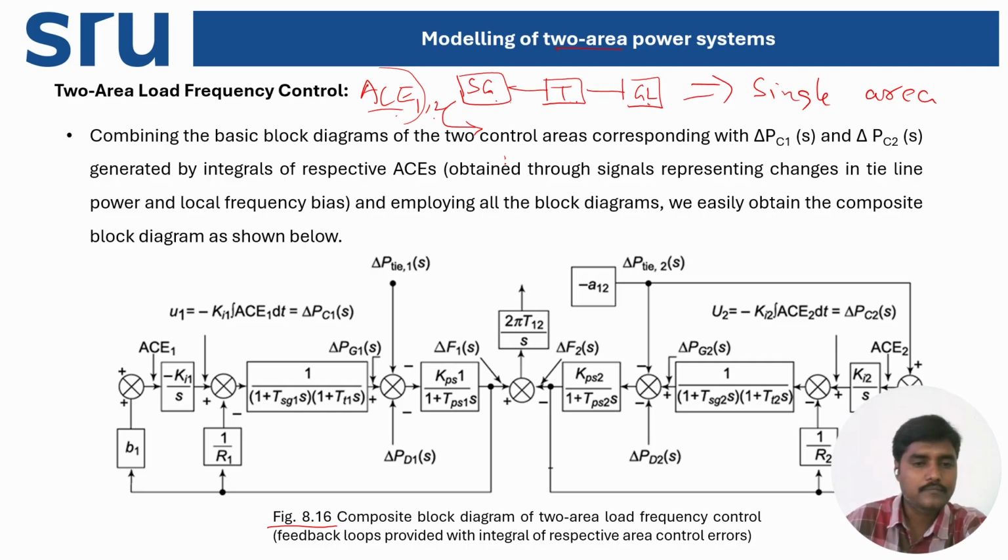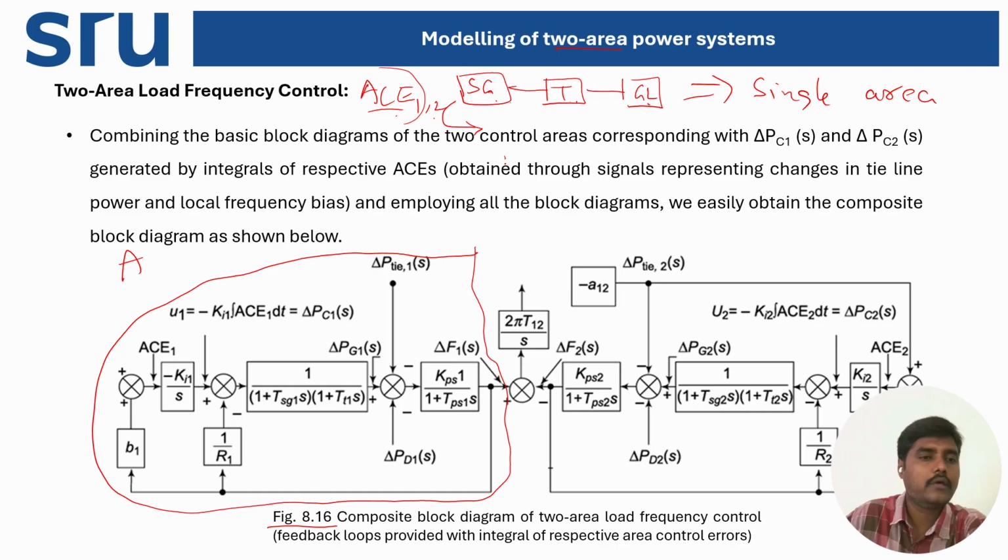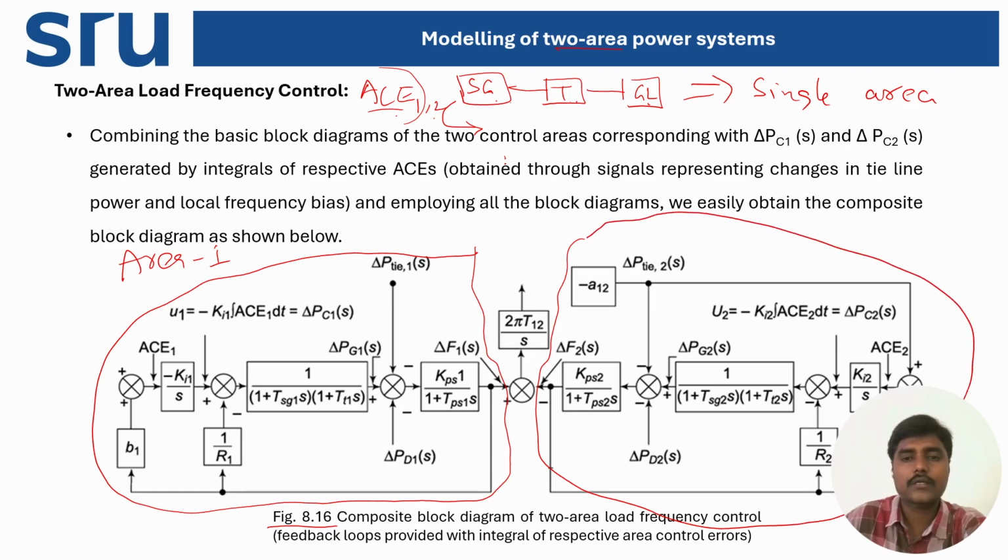You can see here this particular region of this block diagram is for control area 1, and this particular region is for control area 2. And these two individual control areas are interconnected by using a tie line, as we discussed.